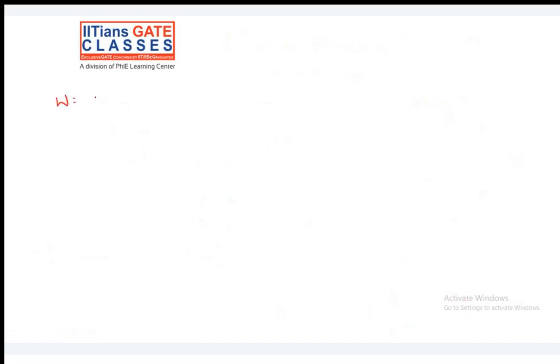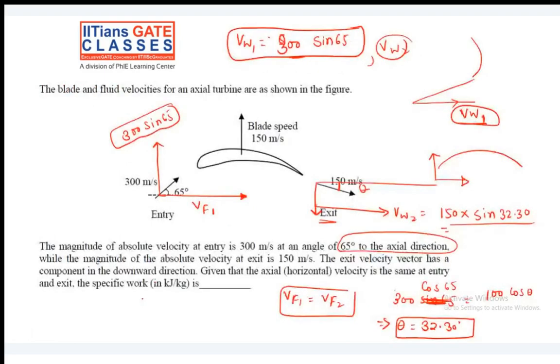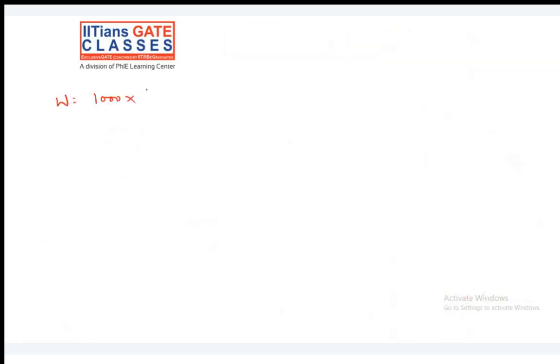W, rho is given to us as 1000, Q is not mentioned. If it is not mentioned, we'll convert it into per unit. So we will consider Q as per unit, and let us take out U also common. U is given as 150 meter per second multiplied by 300 sine 65, Vw1, and minus of minus, so let us make it plus.